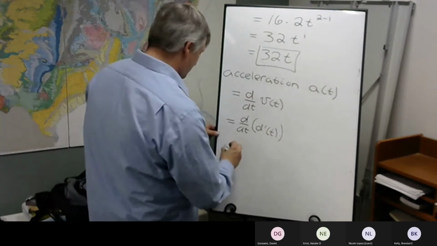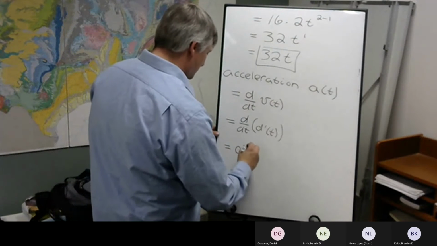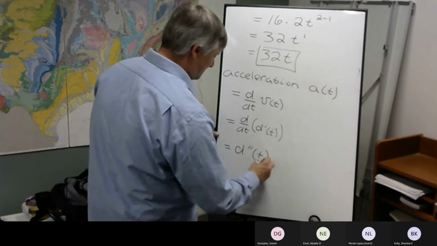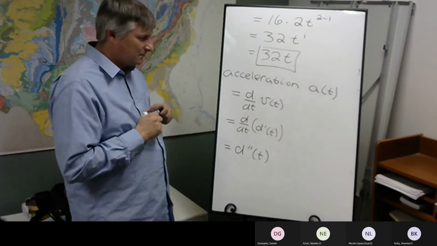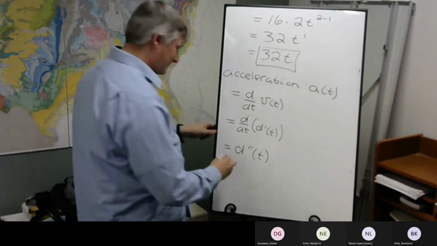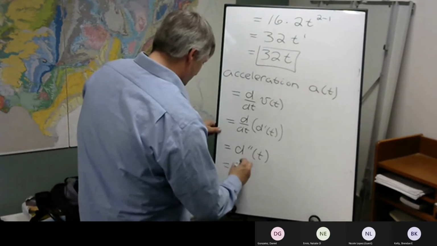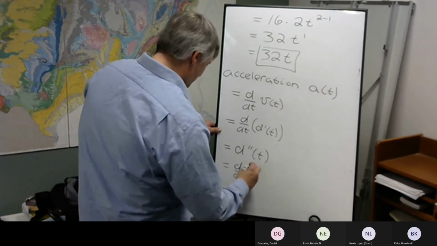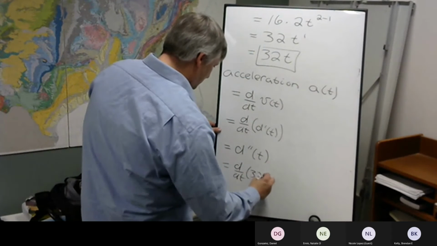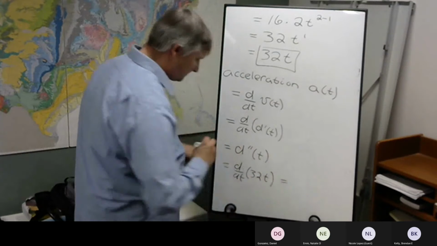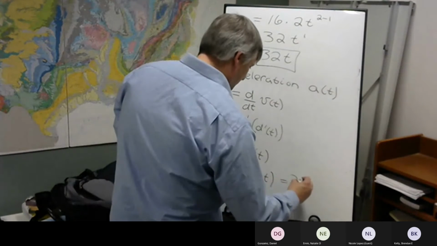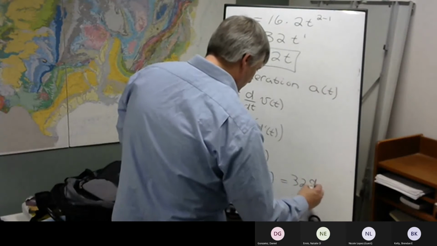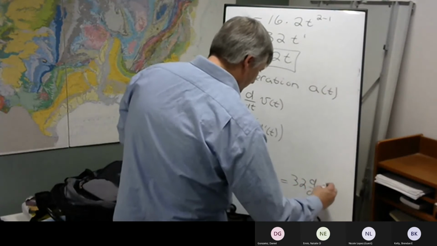Or this will be d double prime of t. So let's go back to this. d/dt of 32t, that's going to be 32 d/dt of t.